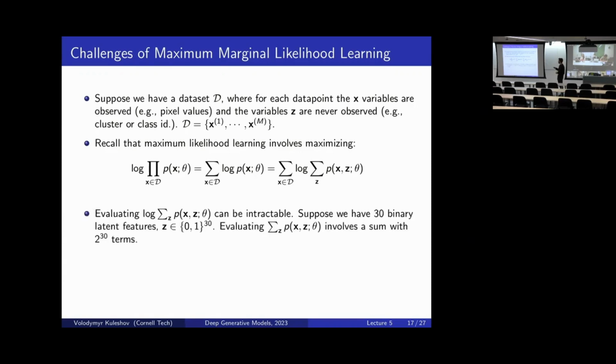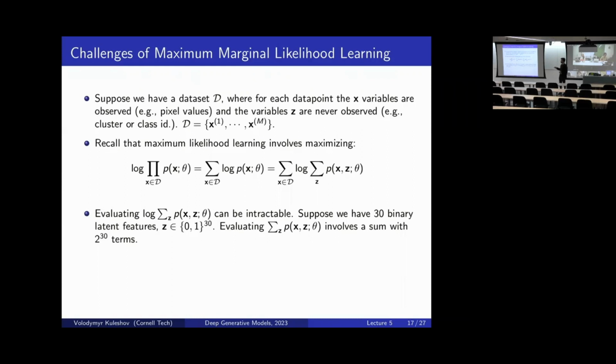And even when Z is discrete, computing this sum might be very expensive. Let's say that Z is a 30-dimensional latent vector, which is reasonable if our images are 784-dimensional or more. 30 is not such a big dimension for the latent vector. And let's say each component of Z is binary.